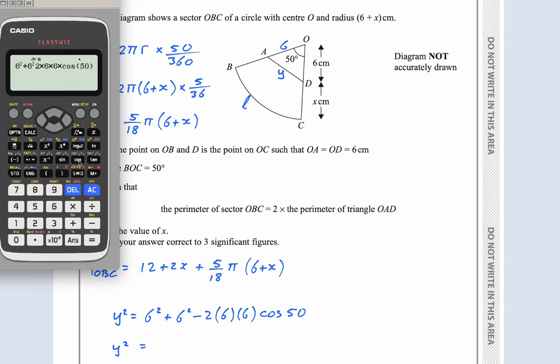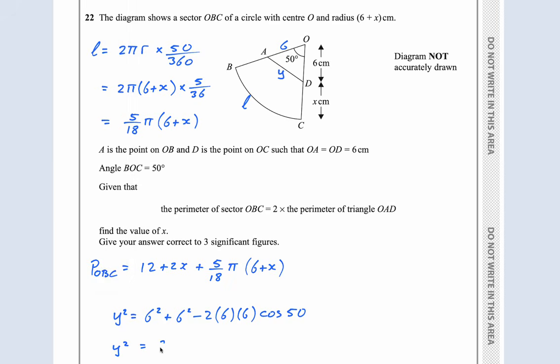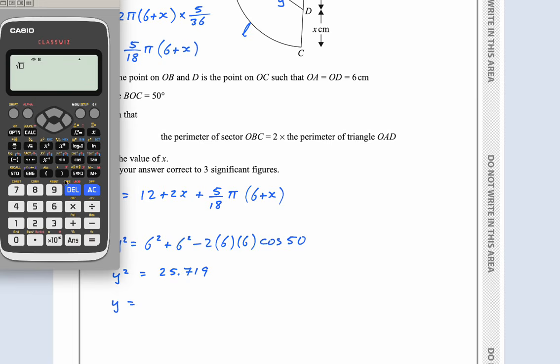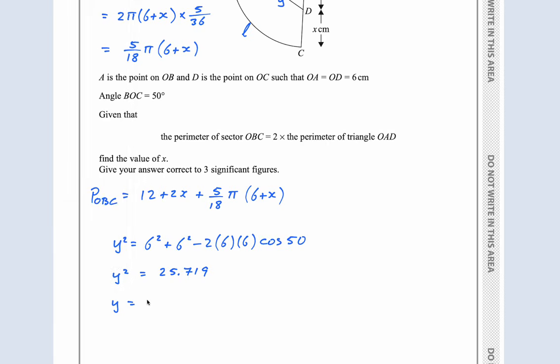I forgot the minus. That gives 25.719, which means y is equal to the square root of that, which is 5.071.